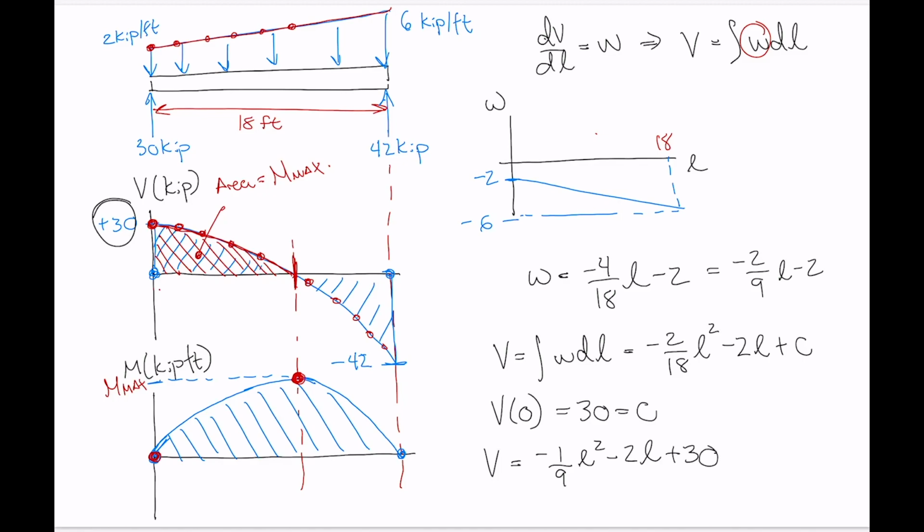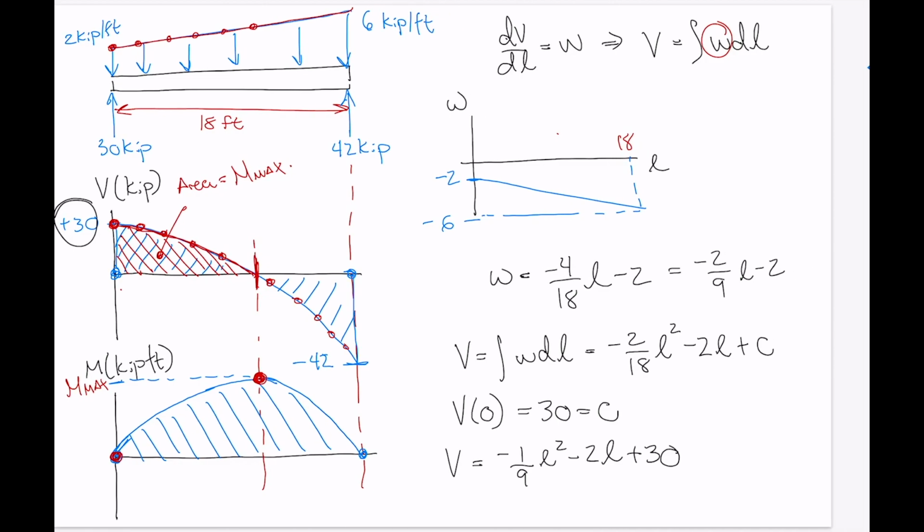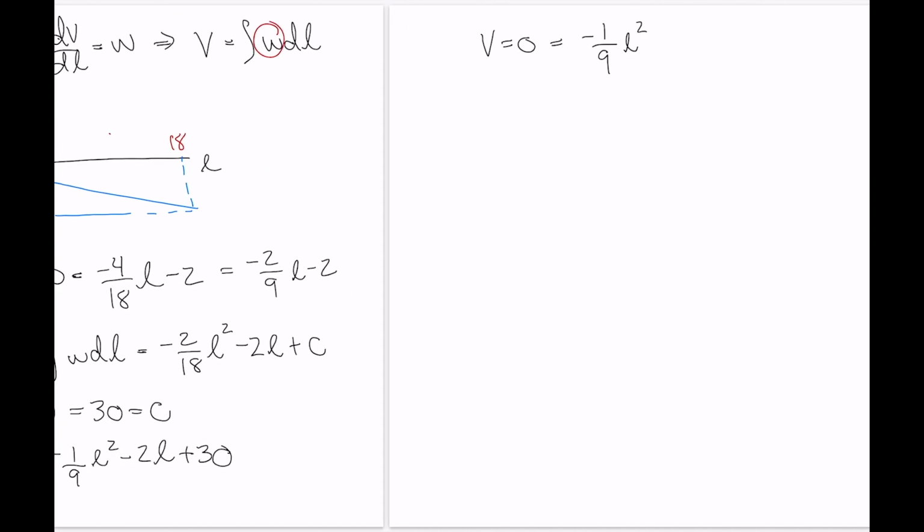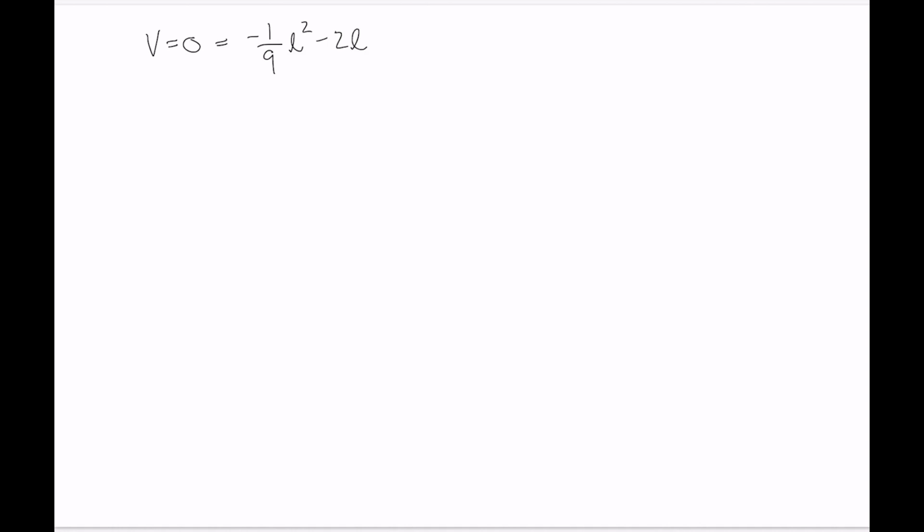And we can set V equal to 0 now and solve for what L is. So if we go V equals 0, minus 1/9 L squared minus 2L plus 30, and then solve for L. Two roots out of that, one of them lying within the length of the beam, 0 to 18 feet, the other one lying outside of that.